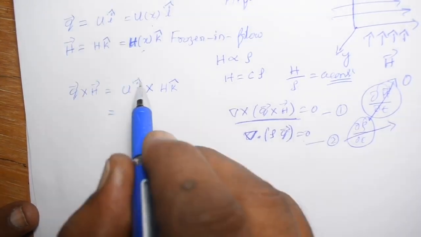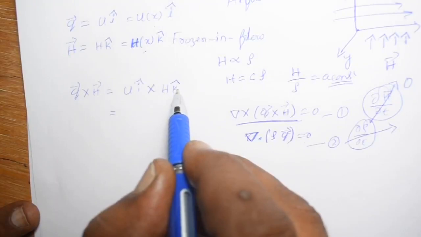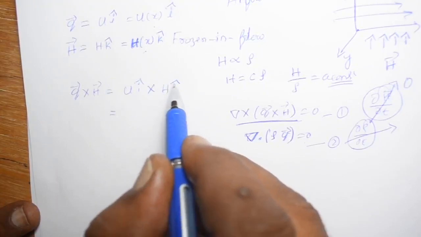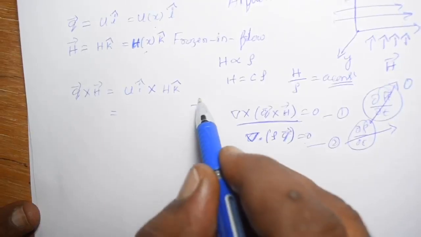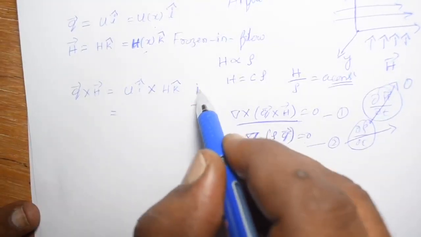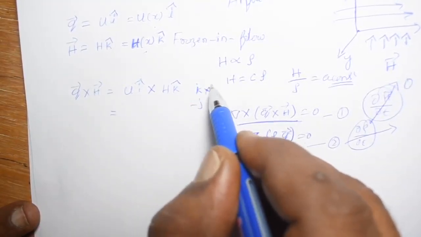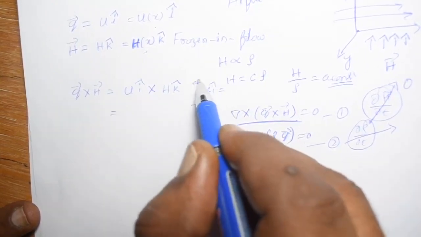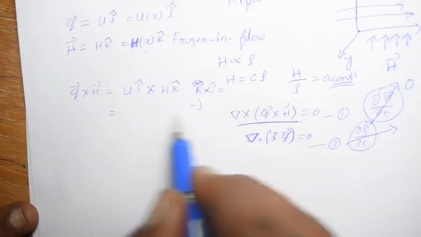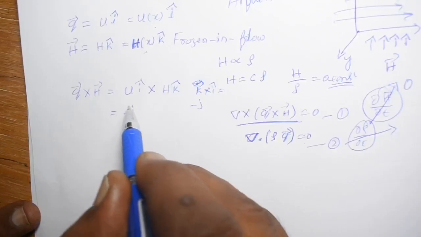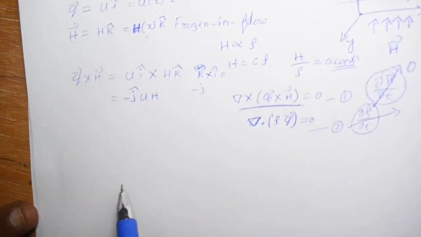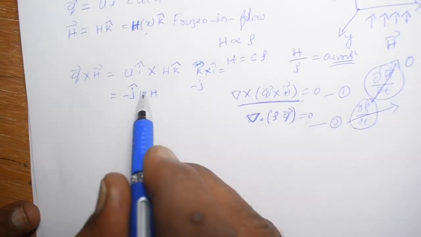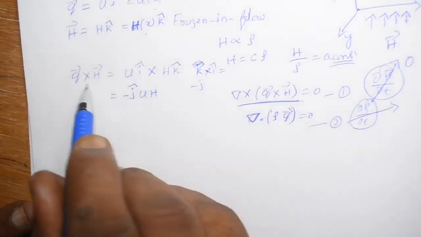Simply you can calculate it. i cross k, sorry, is minus j, because k cross i is j, but i cross k is minus j. That's why it becomes minus j into U into H. So this will be Q cross H.